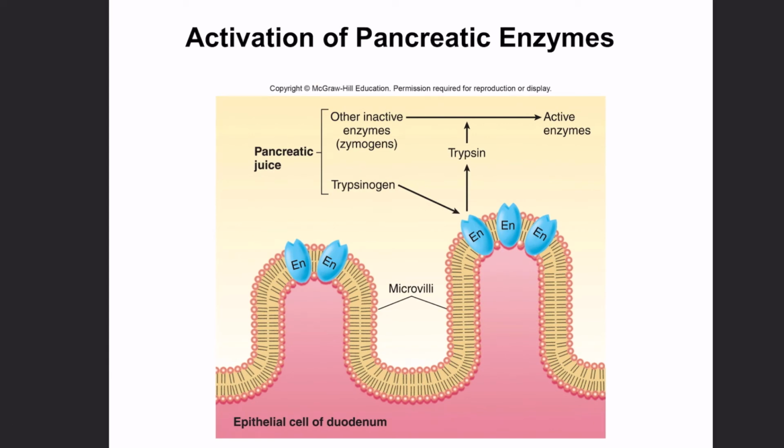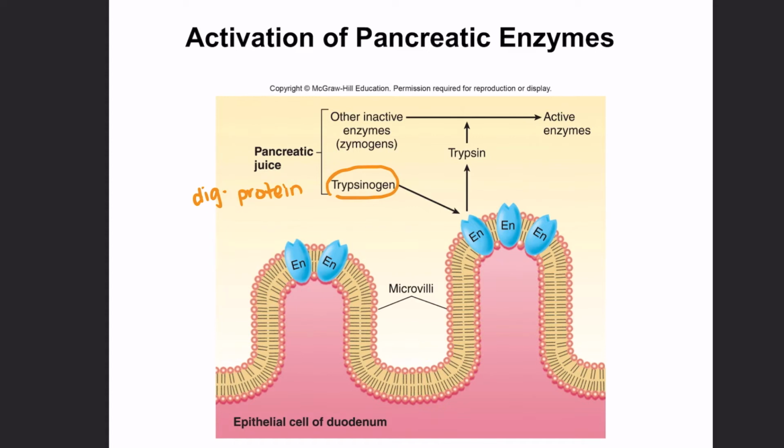So one of those enzymes, which is shown here, that is released by the pancreas, is called trypsinogen. Similar to pepsinogen, this is inactive, and similar to pepsinogen, it also digests protein. So again, we want it to be inactive because we wouldn't want it to digest the cell that it comes from.